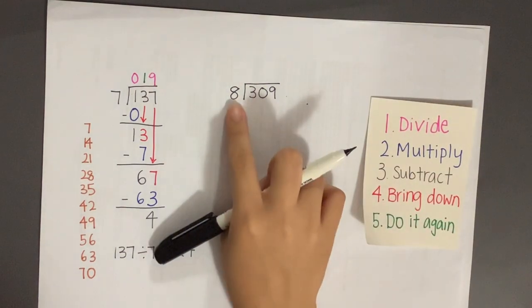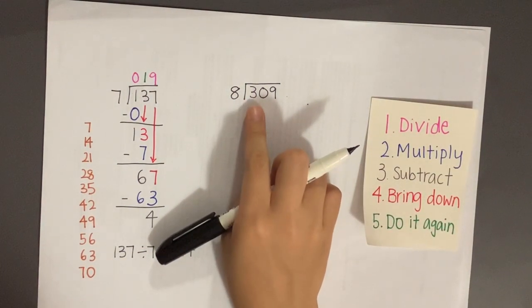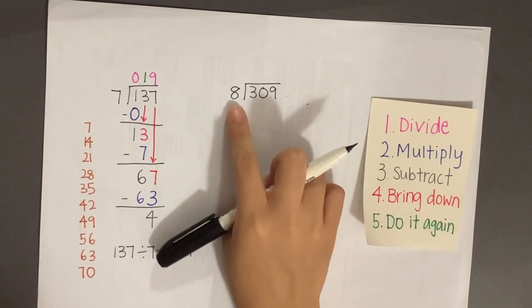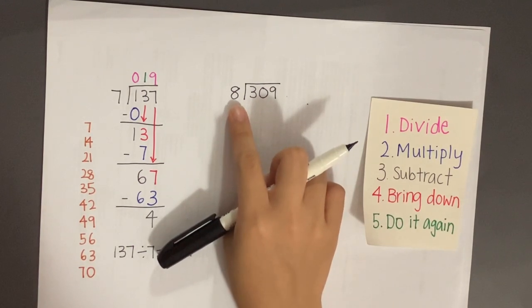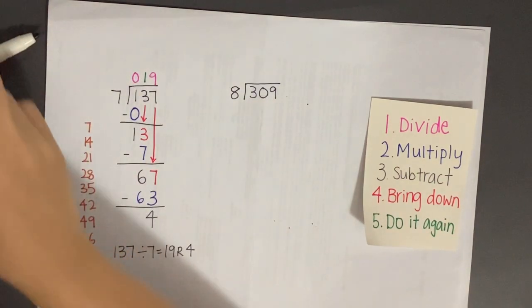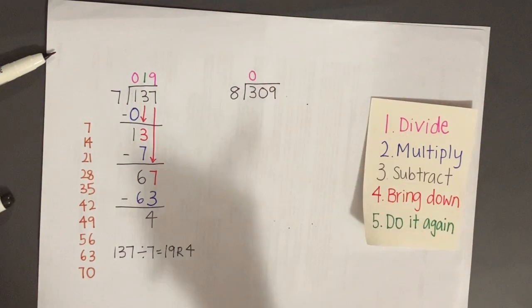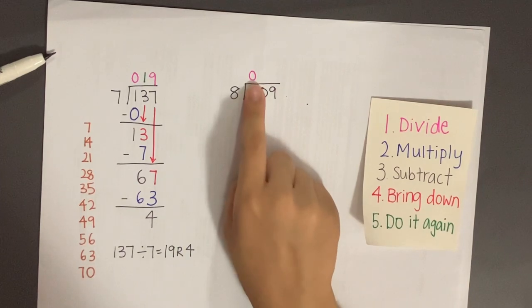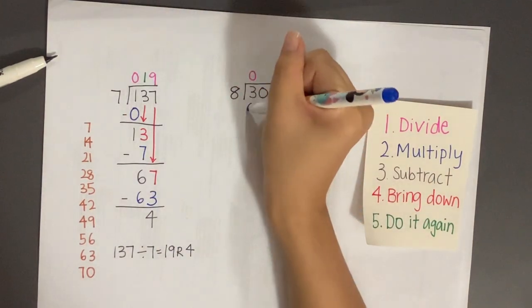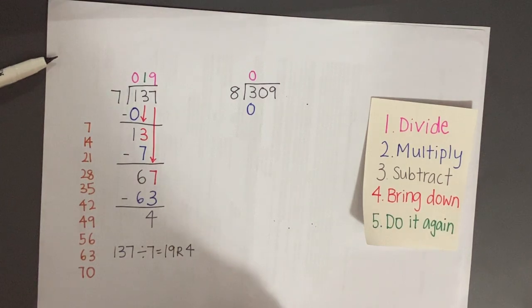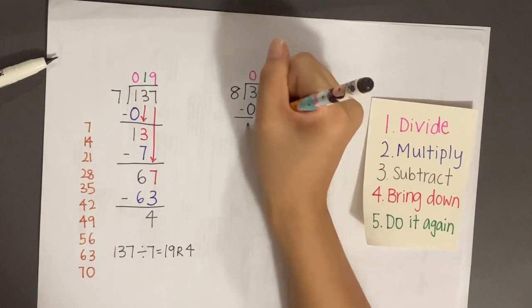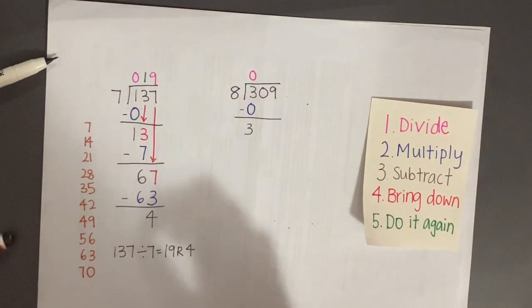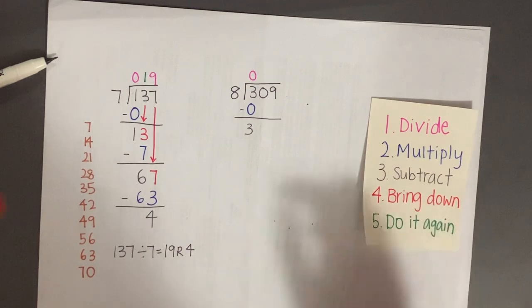I take the number that's closest to 8, 3. 3 can't divide by 8 because 3 is smaller than 8, which means that there is no other number smaller than 3 that can divide by 8. So I will put a 0. Multiply 8 by 0, which gives me 0. Next step, subtract. And then next step, bring it down.